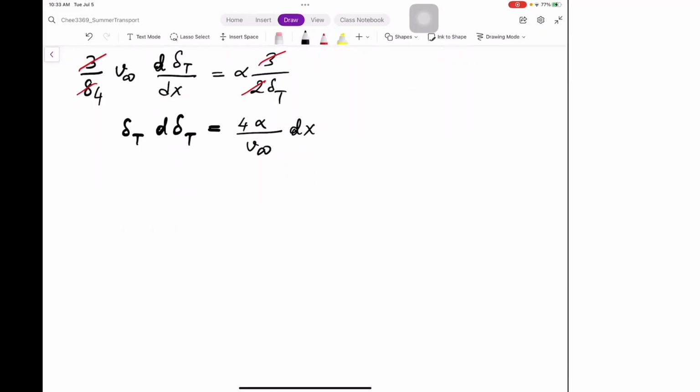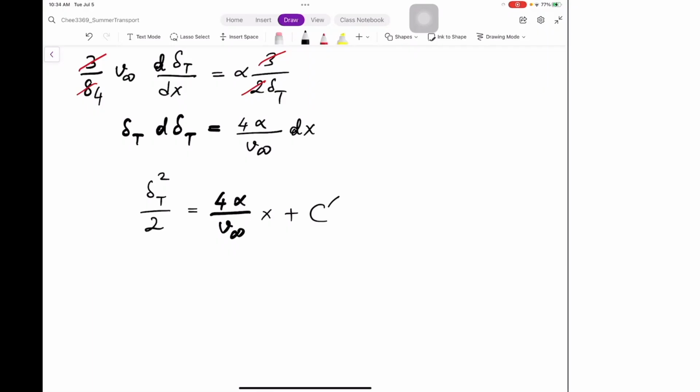There you go. If you take the integral, you find that delta t squared over 2 is equal to 4 alpha over V infinity x plus a constant, let's call it C prime.